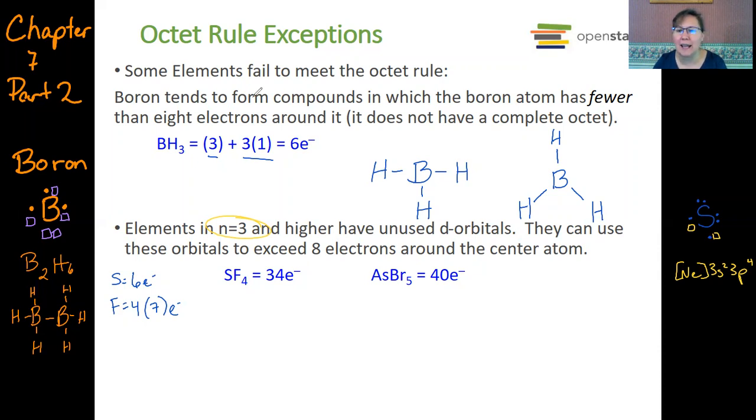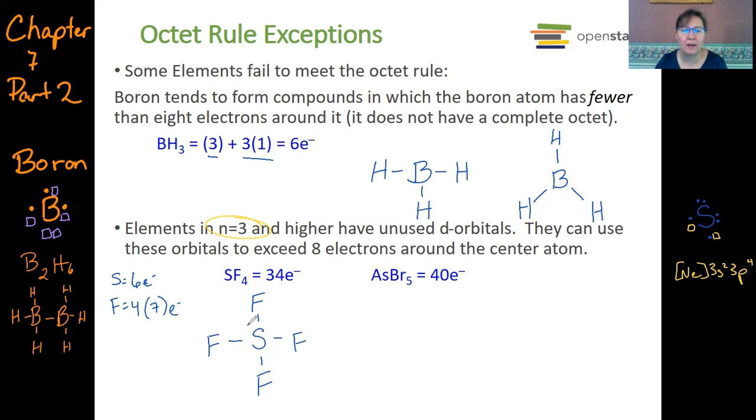Now in this case, you wouldn't be able to start with this. We have the 4, so we know that we're going to look like this. So we'll start with this, and then that gives us 8 electrons. Now let's place them around fluorine, because remember, fluorine always has 1 bond and 3 lone pairs.